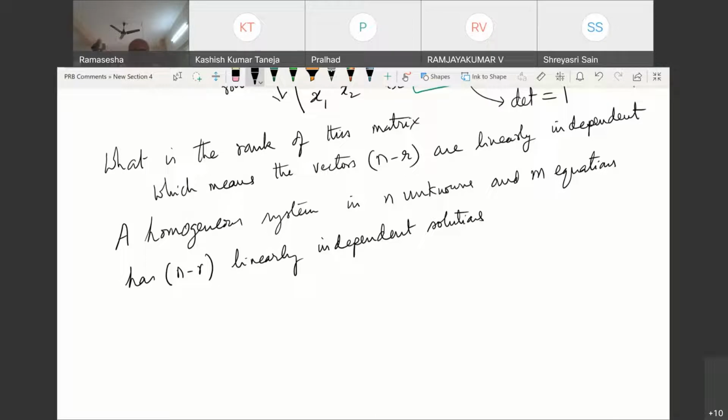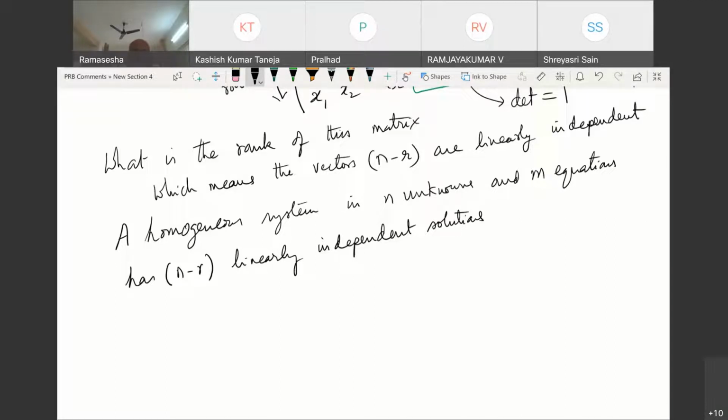So I showed you how you can get the solution of a homogeneous system by considering the largest submatrix whose determinant is non-zero, and you take the equations corresponding to the rows of the submatrix and transpose all the unknowns beyond r to the right hand side, and then solve the system as though it is an inhomogeneous equation using Cramer's rule.